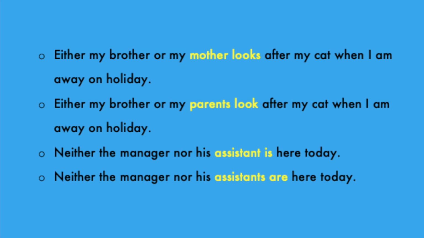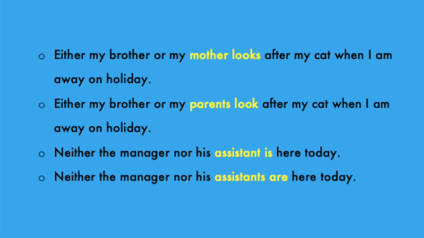Either my brother or my parents look after my cat when I am away on holiday. Here we use the plural verb "look" because the second subject is parents, which is plural. When we use a singular subject, add s or es to the verb, and with a plural subject, use the base form of the verb. See some more examples. Neither the manager nor his assistant is here today.